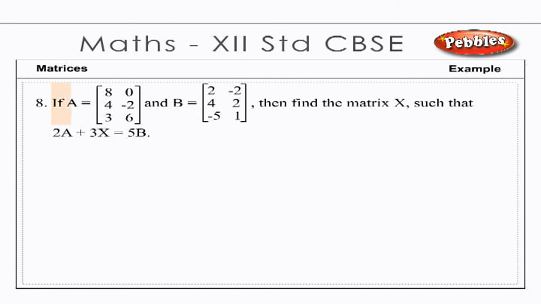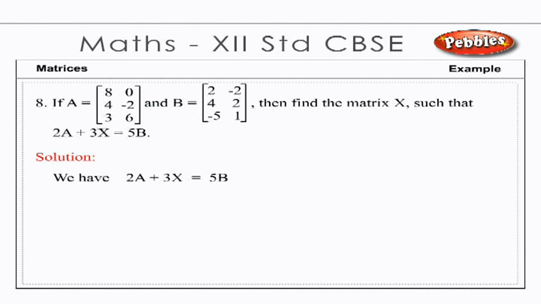Example. If A = [8 0 4; −2 3 6] and B = [2 −2 4; 2 −5 1], then find the matrix X such that 2A + 3X = 5B.